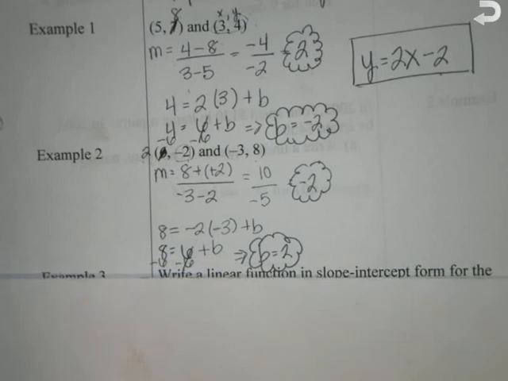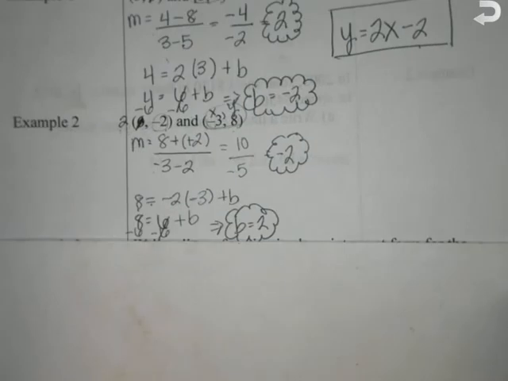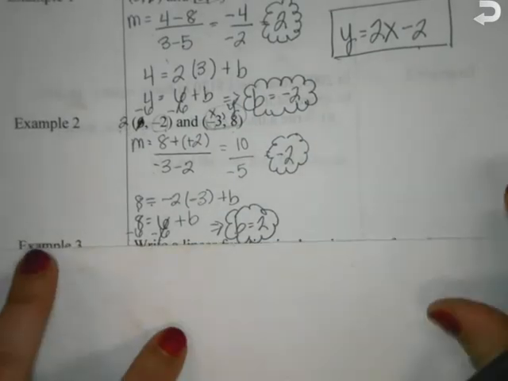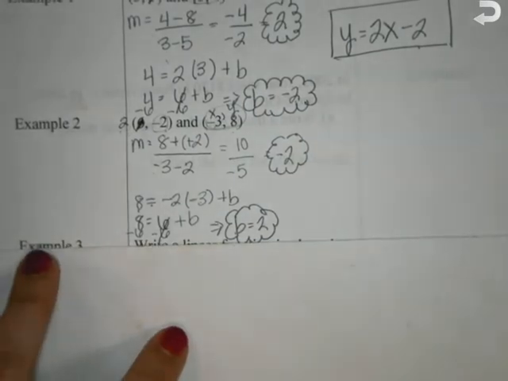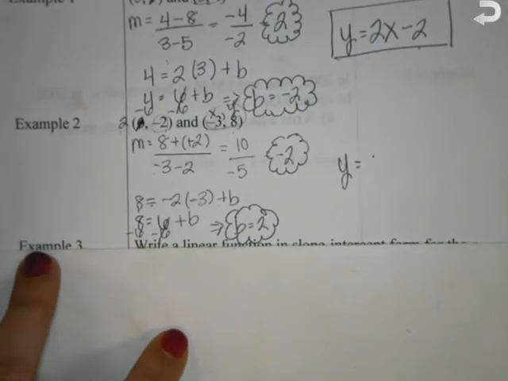Okay, we got m and we got b, so now what? I got y equals 2x plus 2. Hold on. Your slope is not positive 2, it's what? Negative, -2.